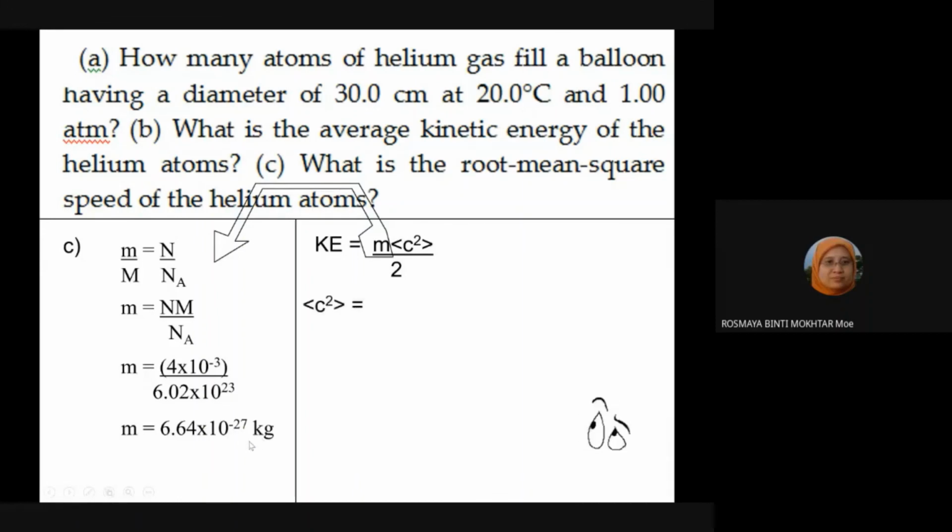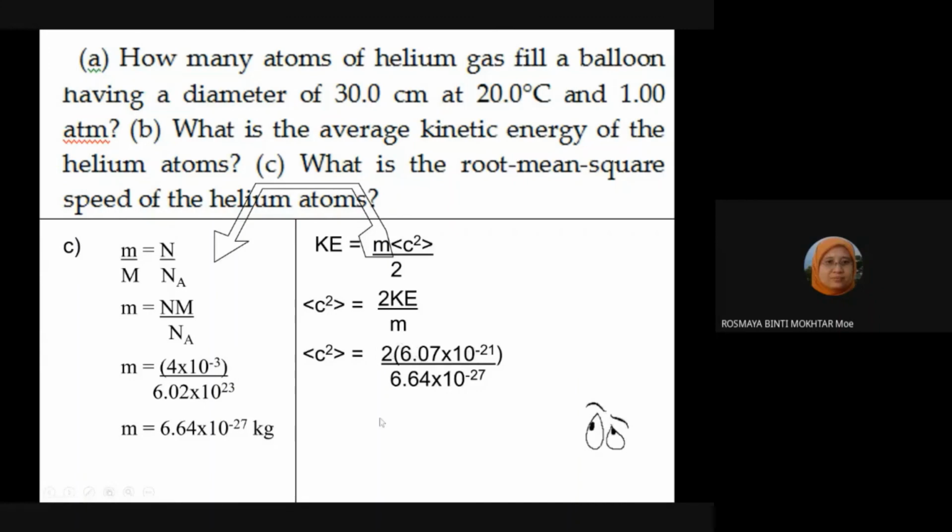So we substitute this value into the equation here. The mean square speed equals 2KE per m. We cross multiply 2KE and then divide by m. So we substitute the 6.64 times 10 to the power of negative 27, and also the kinetic energy we calculated in question B, 6.07 times 10 to the power of negative 21, into the equation.